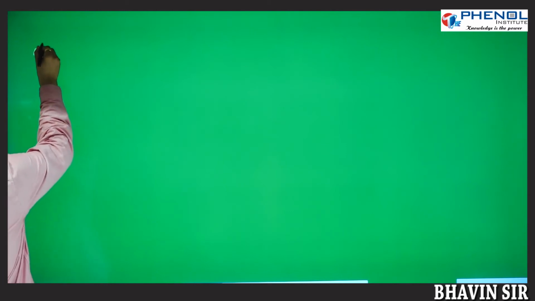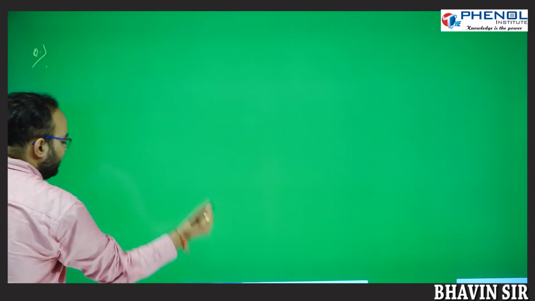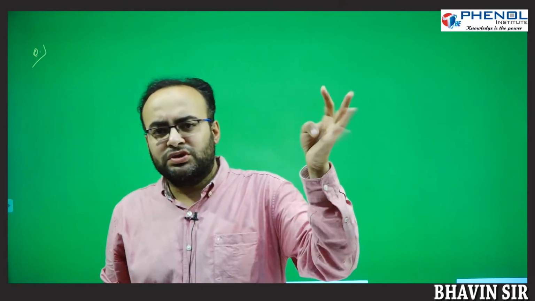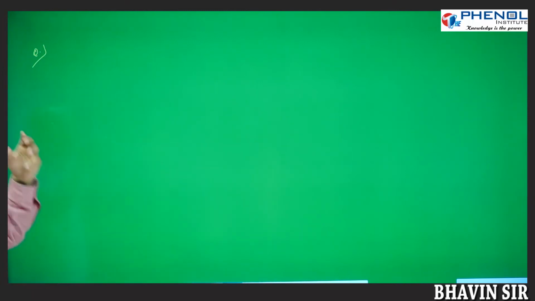Now, these are the four types of simple harmonic motion. Basically in the chapter we discuss SHM of a spring, SHM of a simple pendulum and a compound pendulum. These four are different cases. Now again, see one more case.